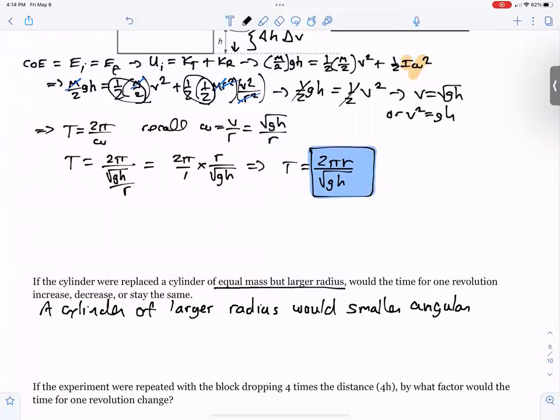So think about it. If it's a larger radius, it has a greater rotational inertia, which means it's going to build up speed a lot more slowly. So it's going to have a smaller angular speed, omega. And since we know that T is not only equal to 2 pi over omega, but it's inversely proportional to omega, that means the smaller omega would mean it takes longer time. And the time would be larger.